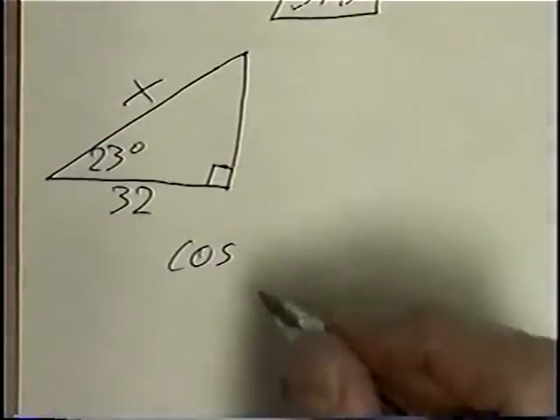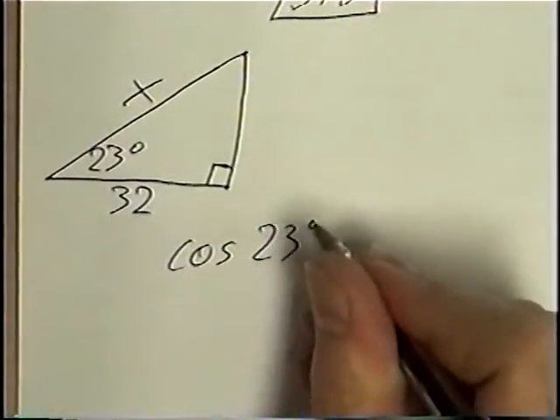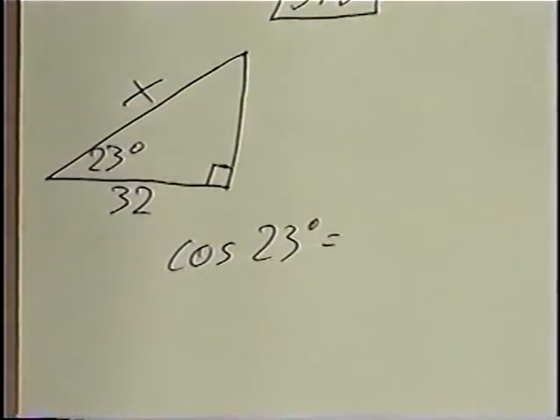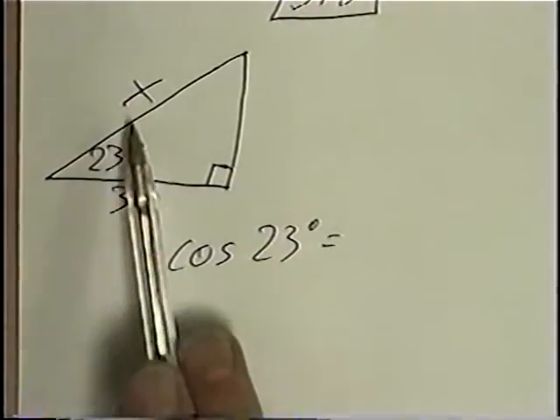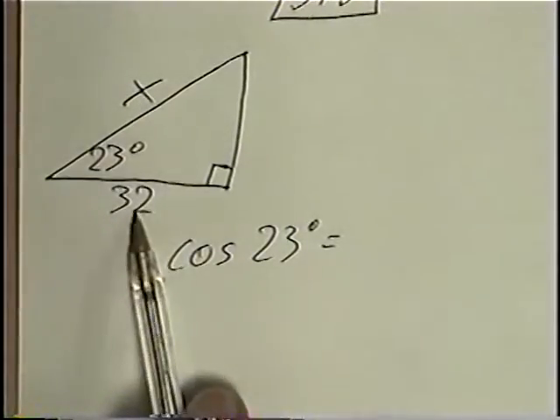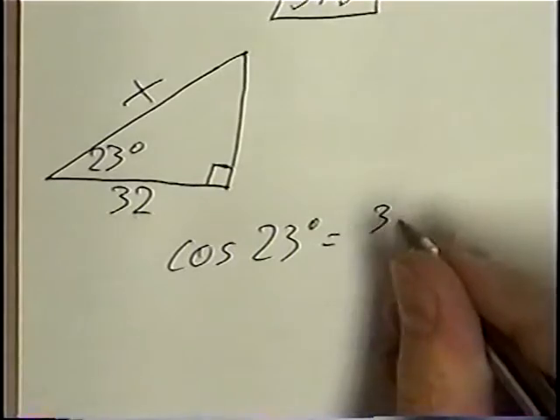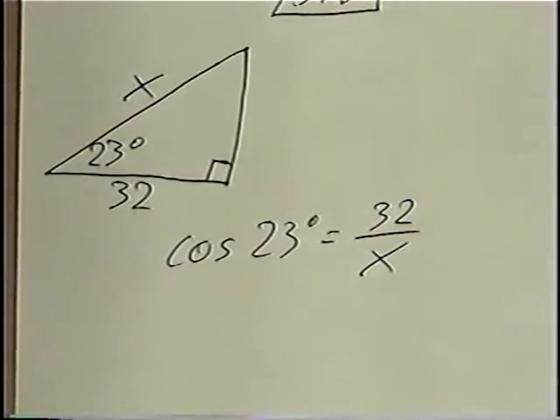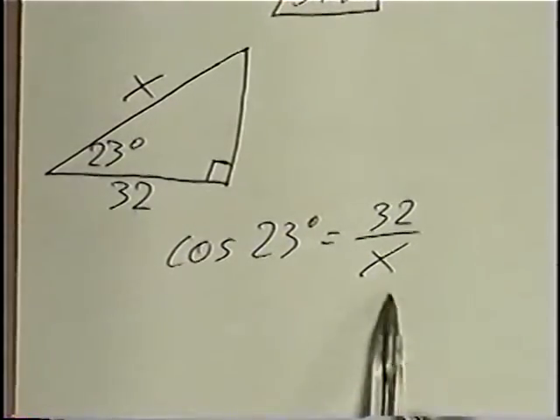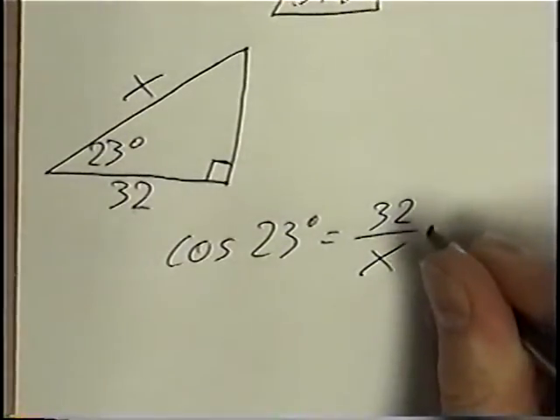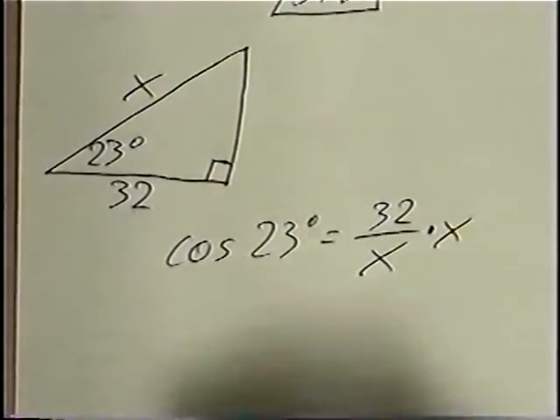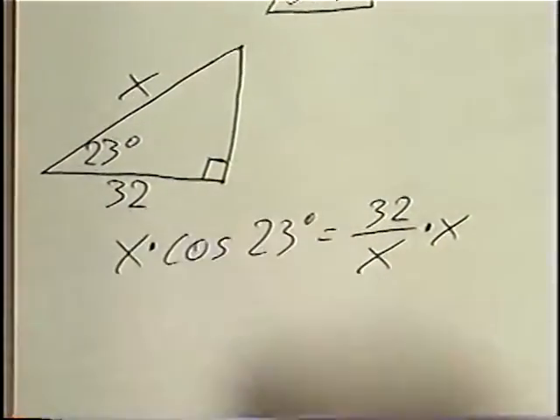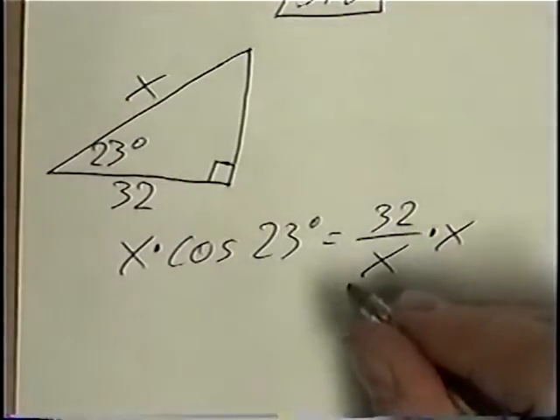Taking cosine of the angle, cosine of 23 degrees is equal to, cosine is the adjacent over hypotenuse, or in this case 32 over x. To solve for x, or isolate x when it's in the denominator, one way to do so is to multiply by x to cancel out the denominator, and multiply the other side by x also.